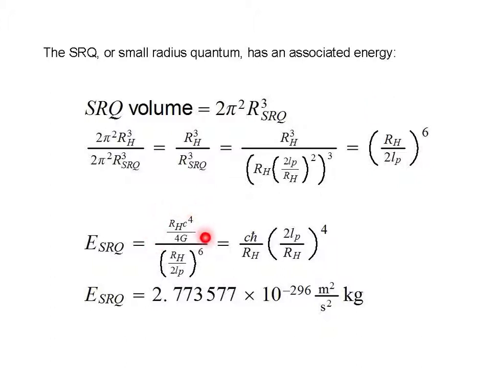We divide the energy of the observable universe by the number of units of SRQ, and we get our term for the energy of an SRQ. It comes to about 2.77 times 10 to the minus 296 joules.